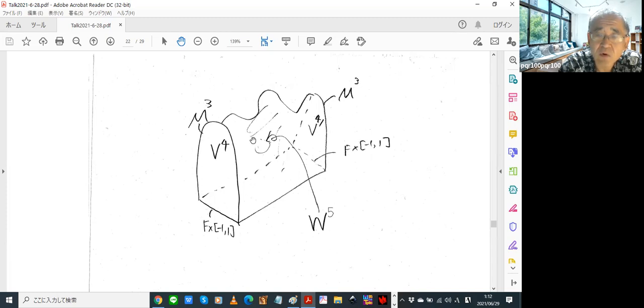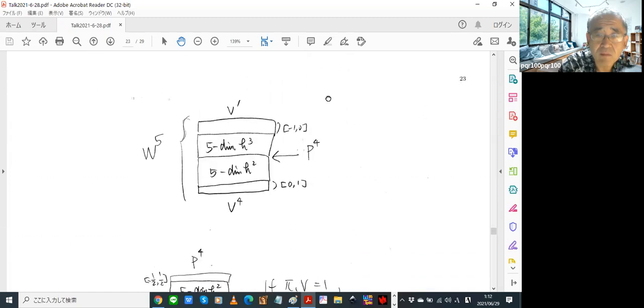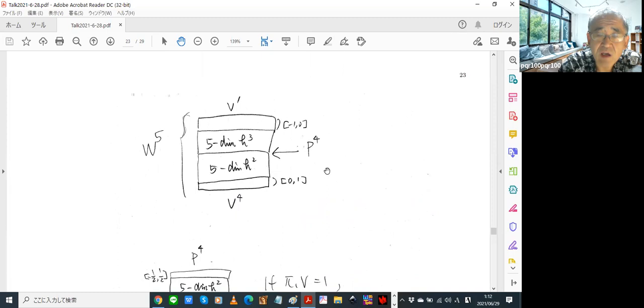So there is a compact oriented 5 manifold W. Further, by cobordism theory and handle decomposition theory, W has a handle decomposition with only 2 handles and 3 handles. We can change 1 handle to 3 handle. We can change 4 handle to 2 handle. And V, 2 handle and 3 handle, and V prime.